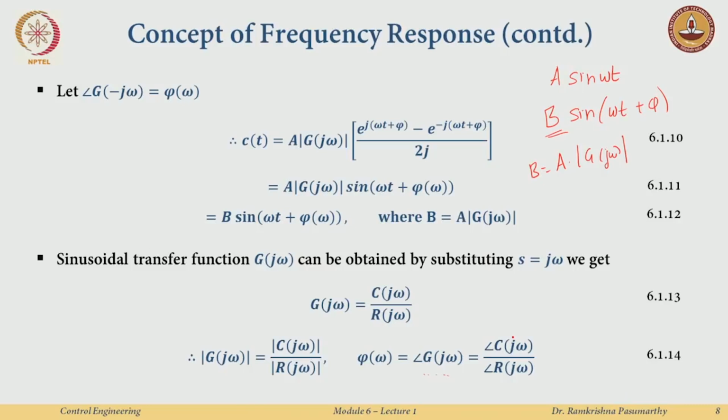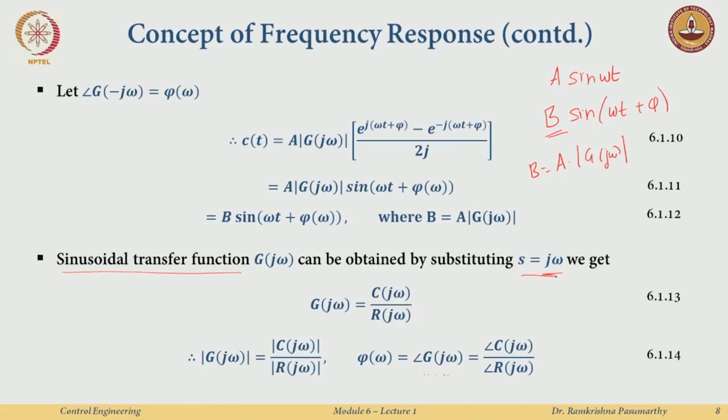What is also important to notice here is the sinusoidal transfer function, which is essentially just substituting s with j omega, because I am only interested now in the steady state, where only the frequency components remain. I can just ignore the real component. I just take the transfer function, substitute s equal to j omega, call it the sinusoidal transfer function, and that will help me in the entire frequency domain analysis.